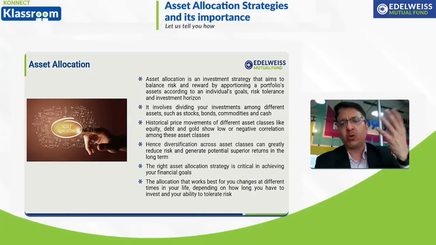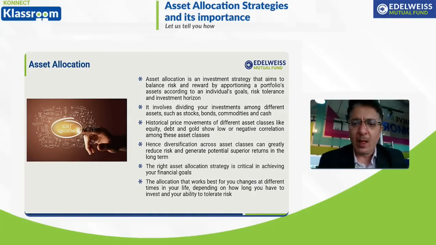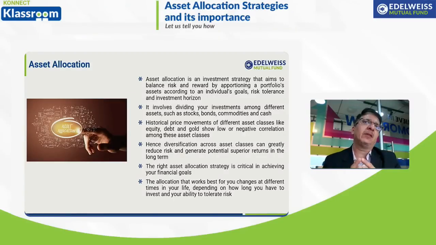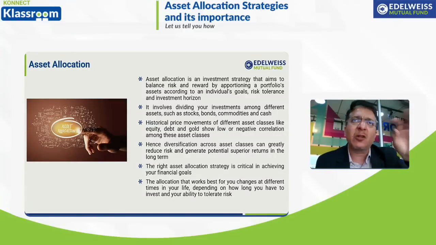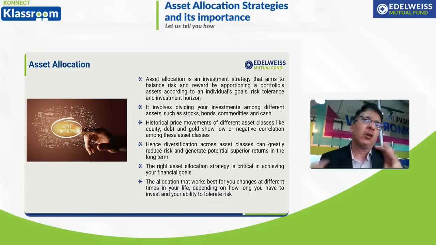It means that if one is going up, the other may perhaps go down, and vice versa. Right. And so what happens then if I create this kind of an asset allocation, I will see that some or the other investment asset class of mine will generate some positivity, which will then start showing in my portfolio, which will then start giving me better positive potential returns during the course of my journey.